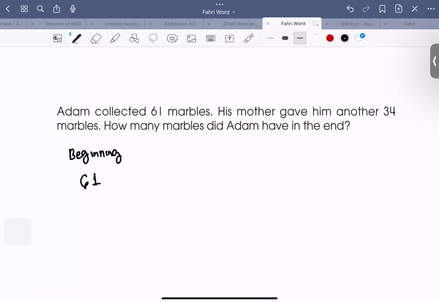Then in the process, his mother gave him another 34 marbles. So in the end, Adam will have 61 plus 34. It will be equal to 95 marbles. Cool. Now let's go to the next question.